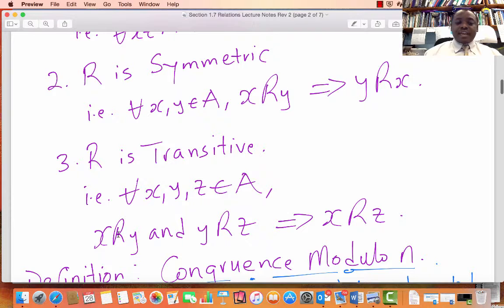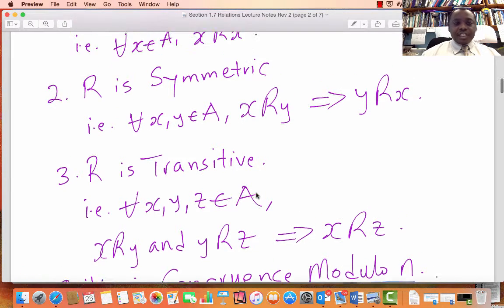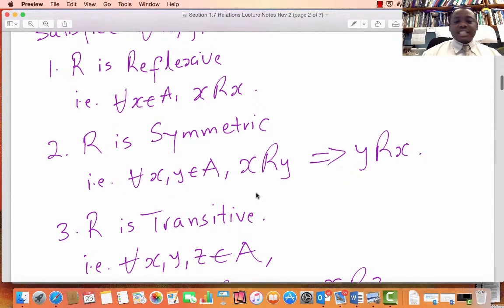That means whenever x is related to y and y is related to z, then x has to be related to z for every x, y, z in A. If these three conditions are satisfied, we say that the given or the defined relation is an equivalence relation.